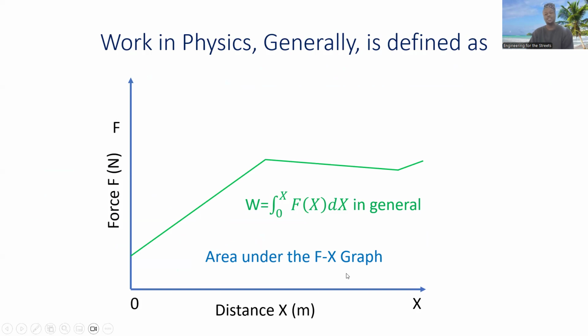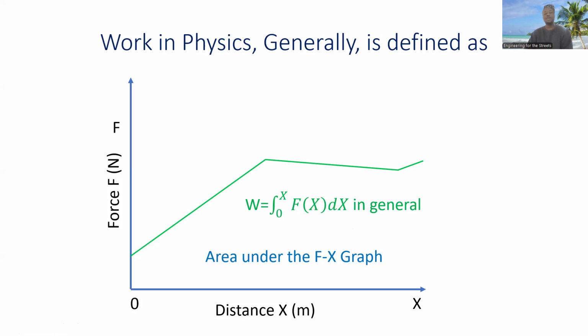Force-distance graph, pressure-volume graph, torque-angular displacement graph. The area under it is the work done. And work done is in general given by this integral, the integral of the first variable over the second variable, based on the previous slide.